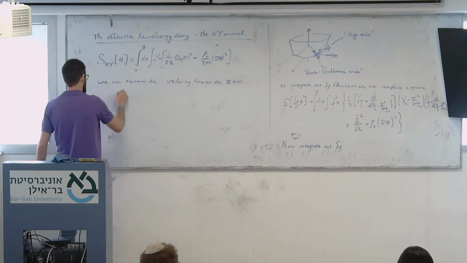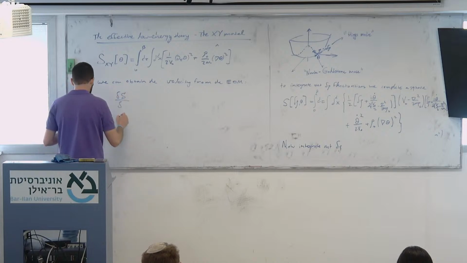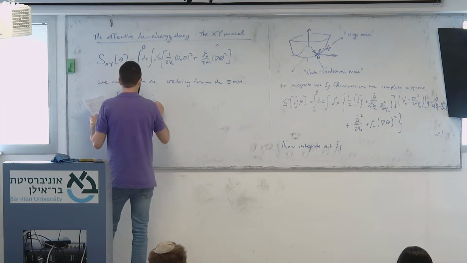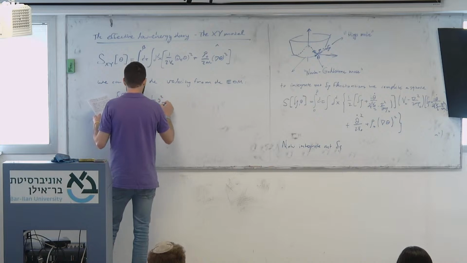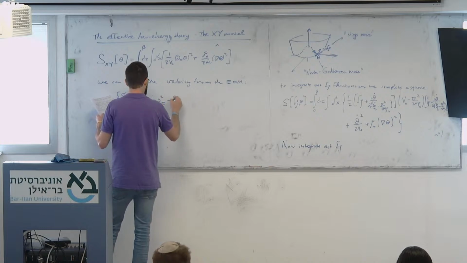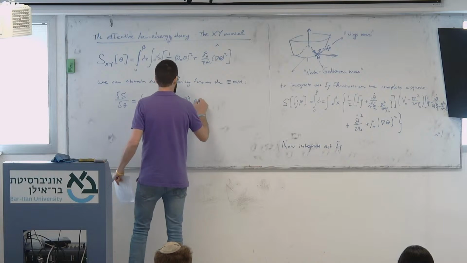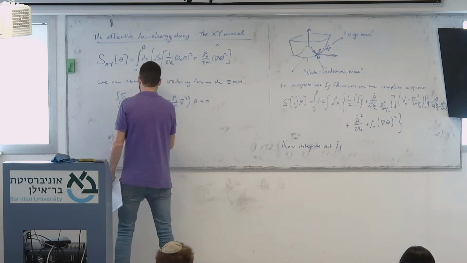So we write delta S over delta theta, which gives us minus 1 over V naught T squared tau minus rho naught over M Laplacian times theta equals 0.